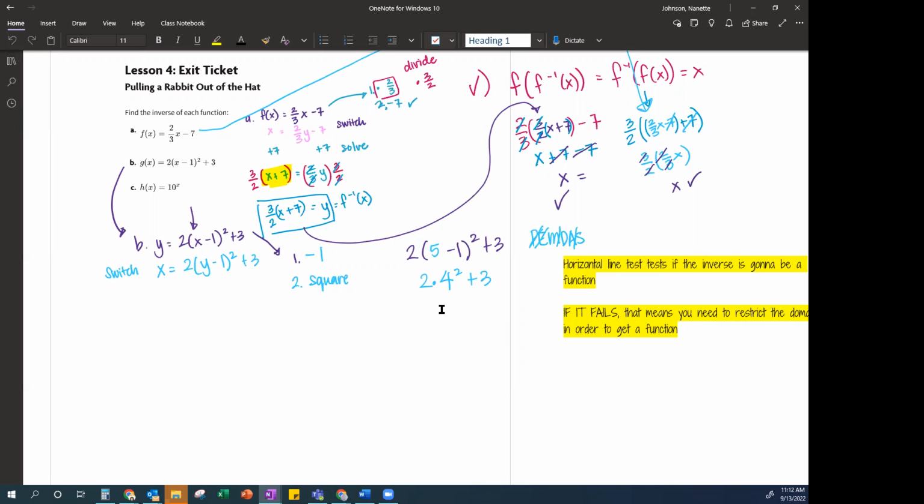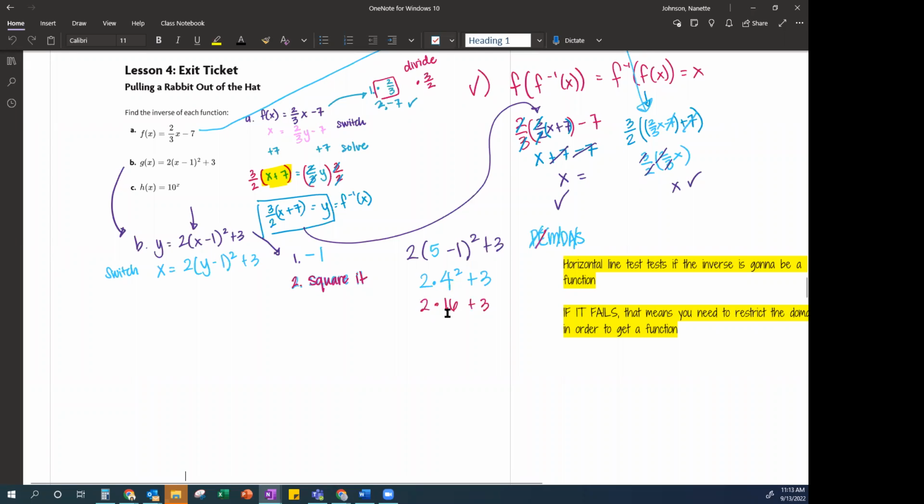So I'm going to square it. So I get 2 times 16 plus 3. So I did my squaring. Do you guys all see my squaring now? Does that make sense? What's the third thing I need to do?